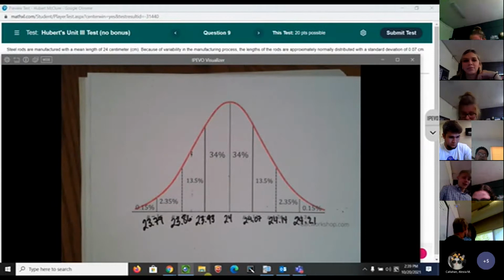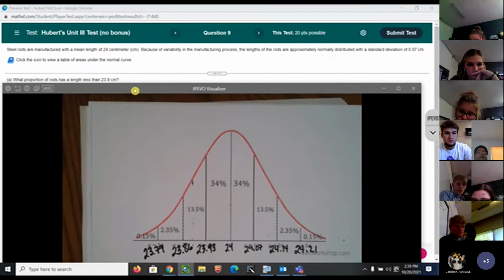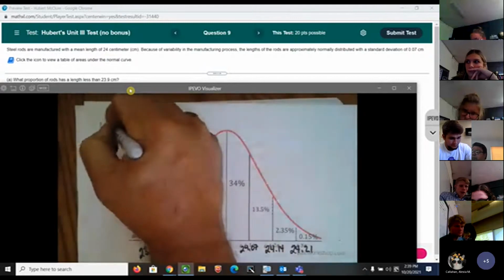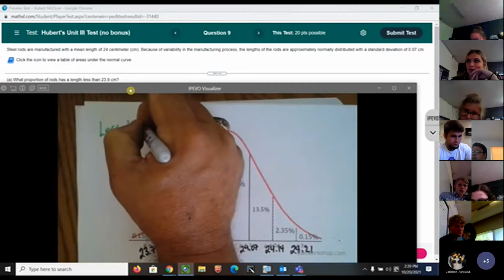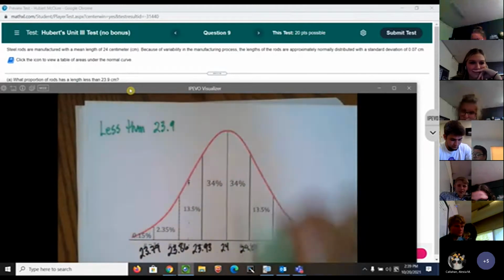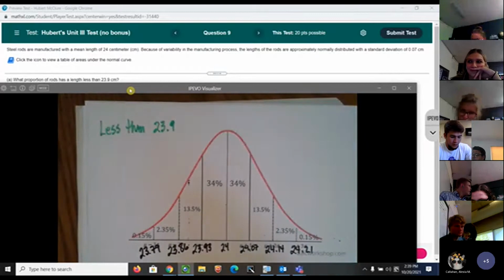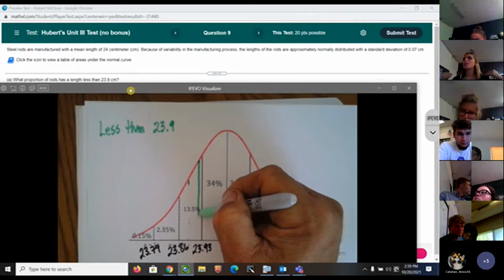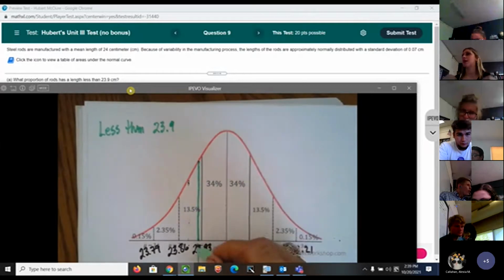And they want to know, part A, what proportion of rods, or what's the area, or what probability of rods has a length less than 23.9? So here's my green, less than 23.9. Well, 23.9 is going to be right in here, right there.